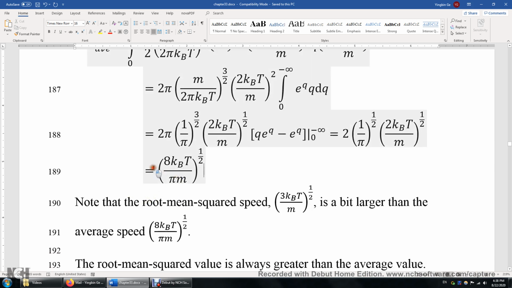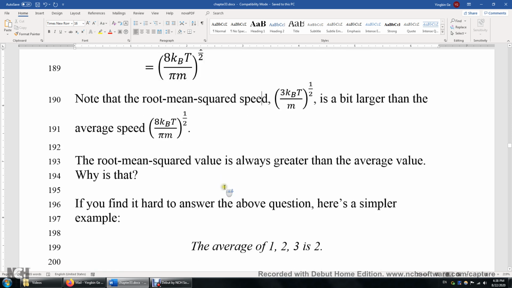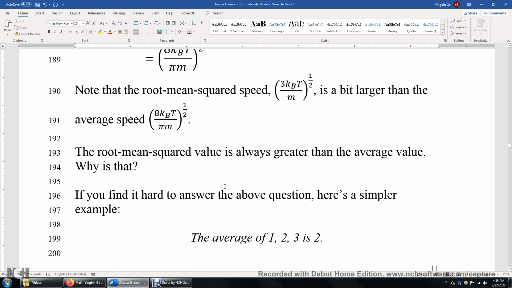Let's compare this average speed with the root mean squared speed. All right, the average speed is a little smaller than the root mean squared speed because 8 over pi is roughly 2.55. That's smaller than 3. In general, if you have just any set of data points, as long as they're real numbers, the root mean squared value is always greater than the average value.